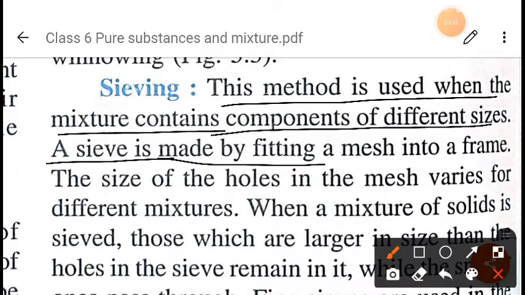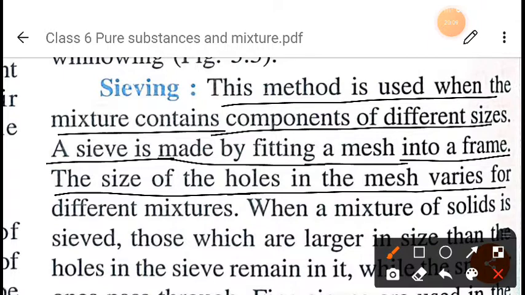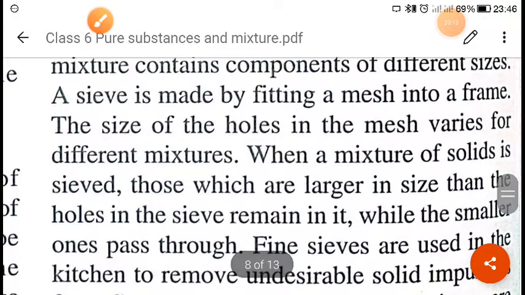Sieving is made by fitting a mesh into a frame. The size of the holes in the mesh varies for different mixtures, and when a mixture of solids is sieved, those larger in size than the holes remain in it, while the smaller ones pass through it. I will give you one example.